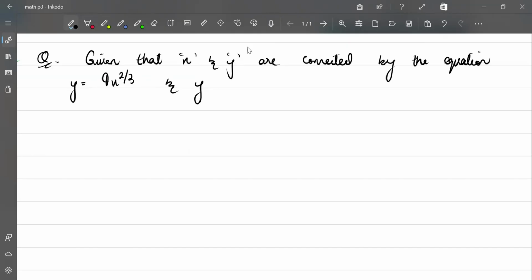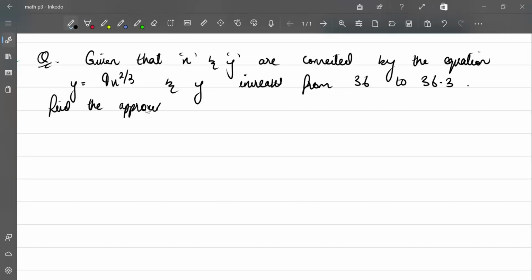And y increases from 36 to 36.3. Find the approximate change.